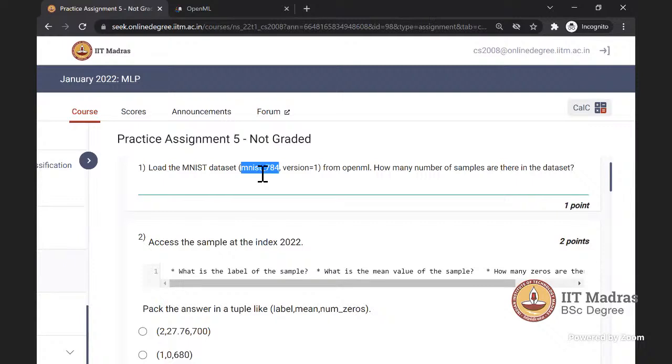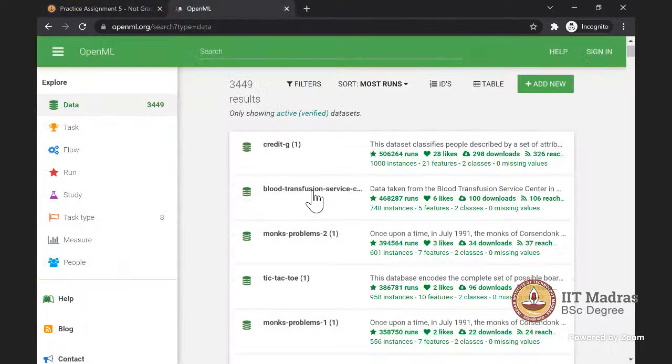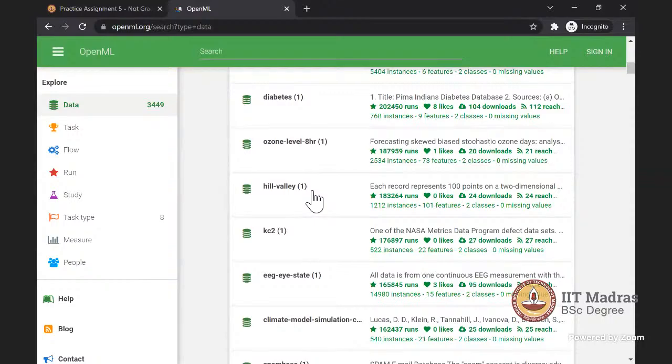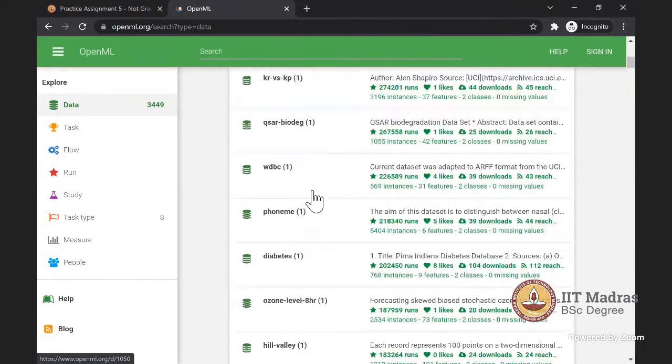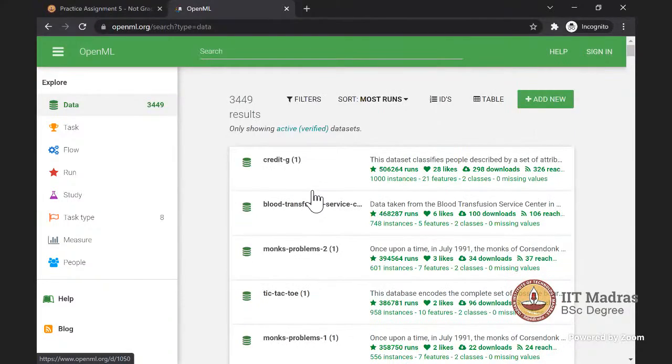Before you start working in Colab, you must know what data set you are working on, right? Do you agree? Yes. So either you have a CSV file or some other source, or you have this. The reason I opened this website is if you want to explore the data sets, the types of data sets, small to large, you can take a look at these.